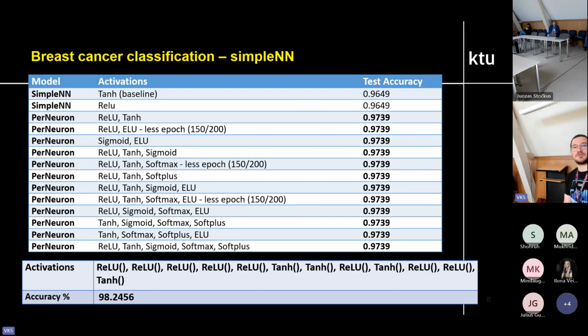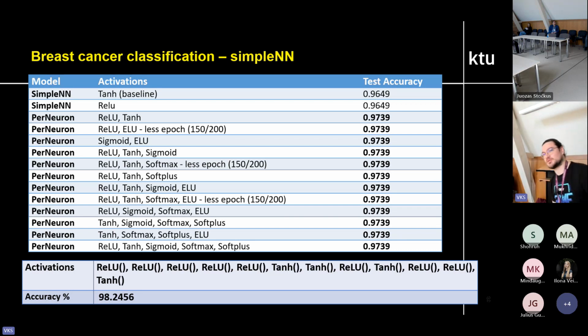And here are the breast cancer results with the baseline simple neural network, which only has one layer and 12 neurons. It's quite a good result already, and we achieved even better results by applying different activation functions. It's not a big increase, mind you, but still an increase nevertheless.